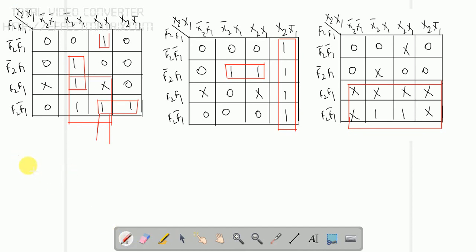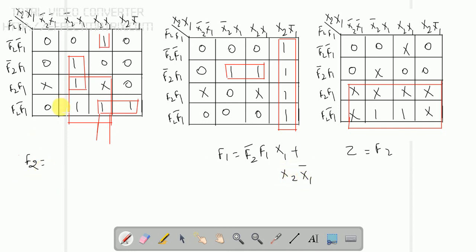So this is f2, this is f1 and this is z. So z is equal to this entire thing, the entire column is selected, only the common part is what? f2. Here f2 1, f2 1 bar, so your common part is f2. Here we got f2 bar f1 x1 plus x2 x1 bar.